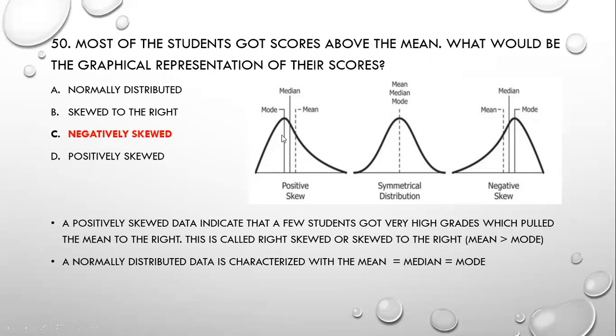So this is positively skewed data, as shown in the left illustration in the diagram. Finally, normally distributed data is characterized by the mean, median, and mode having equal values. So the distribution is symmetrical. That is normally distributed data. Therefore, for number 50, the answer is letter C, which is negatively skewed.